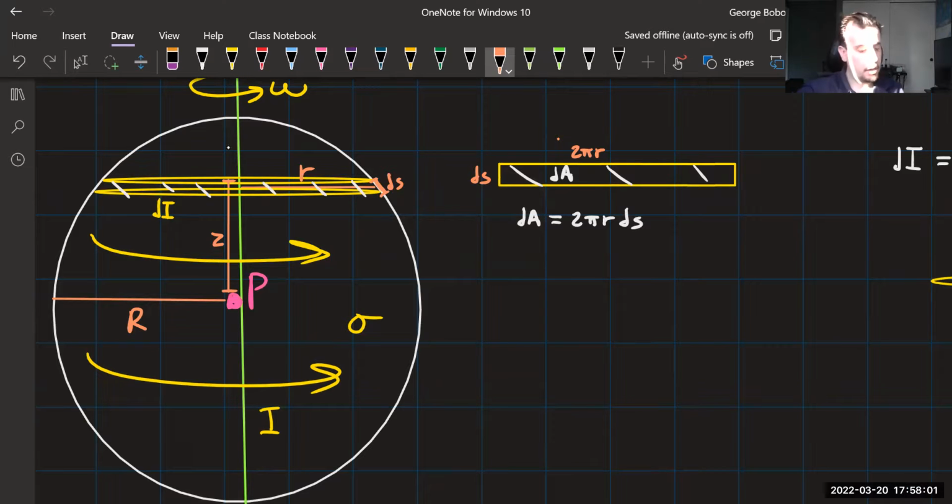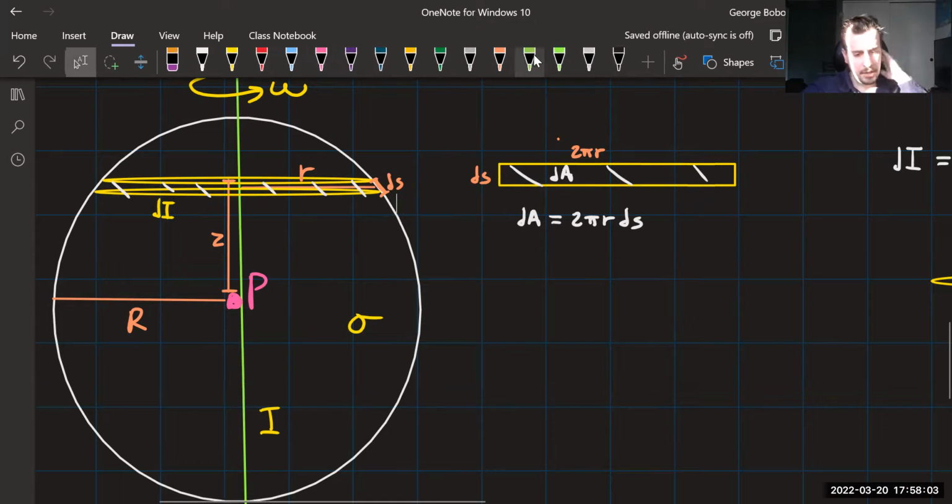If you draw a couple of lines from the origin to ds, you can see what ds is. Each of these lines, because it touches the surface and travels all the way to the center, is capital R. We can use the arc length formula again.